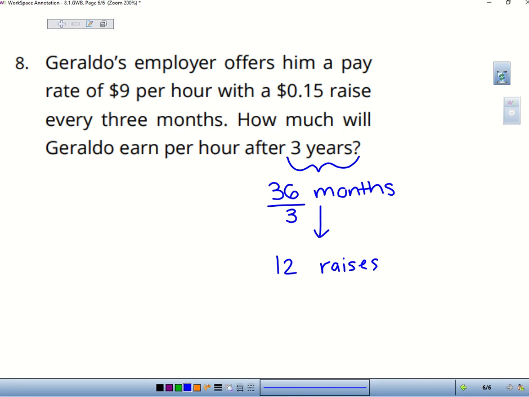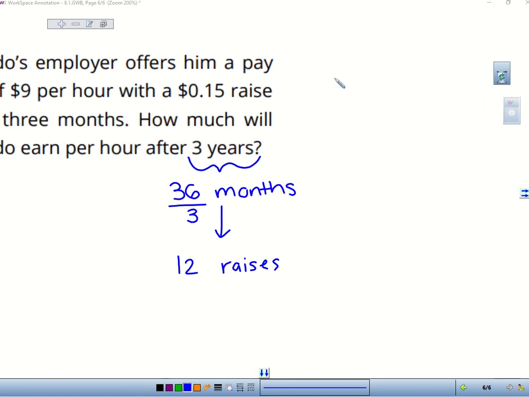So from here, we're going to set up the equation for this. A few different ways you can set this equation up. You can set it up as a linear equation: y equals the amount you get per raise times the number of raises you get, x, which we don't know yet. Well, we do, but we haven't plugged it in. Plus the current salary you make, right? Won't that give you your final salary?